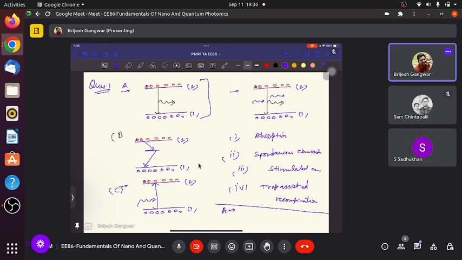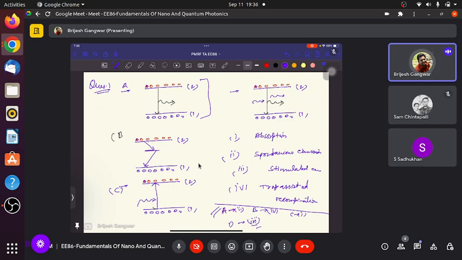Okay, and B? B is trap assisted recombination. And C is absorption. And D is stimulated emission. Okay, so this will be the right match.